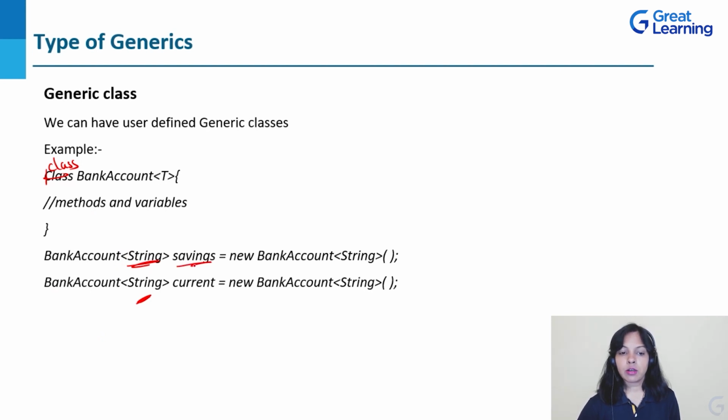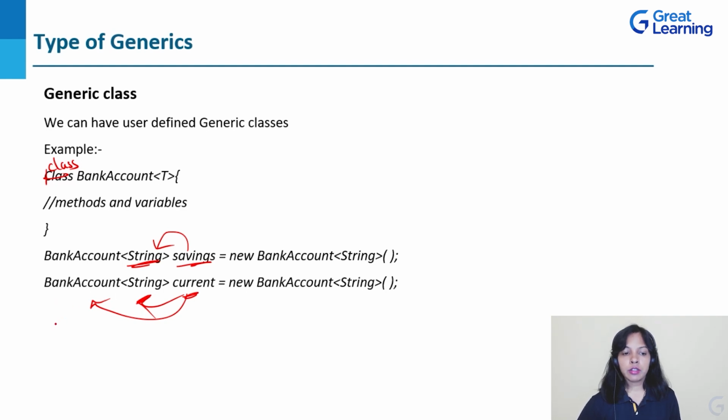So now savings is an object which is going to store or deal with data of type String. Similarly, current is an object of class BankAccount, but it is also of type String, meaning it is going to deal with data of string type.